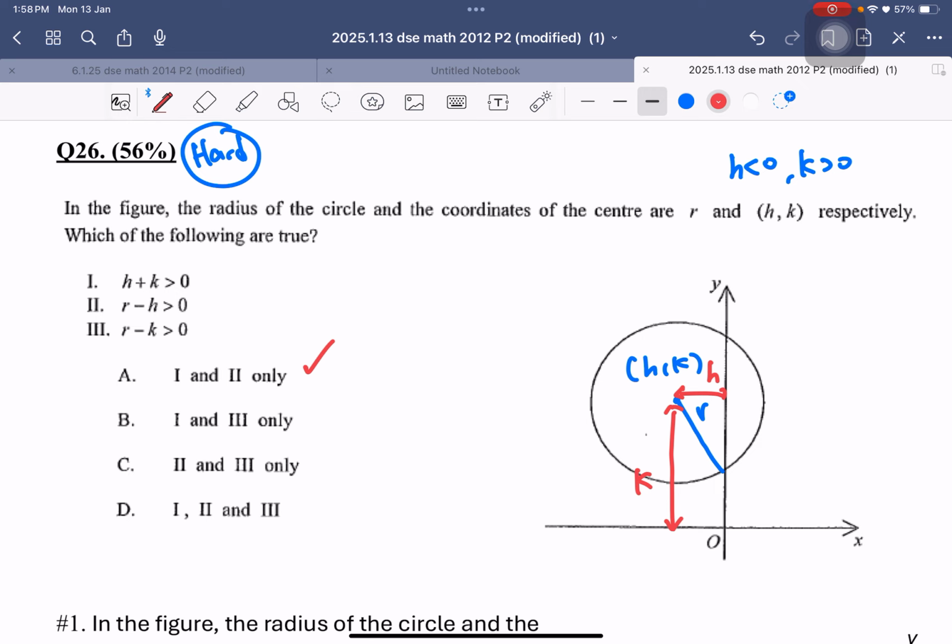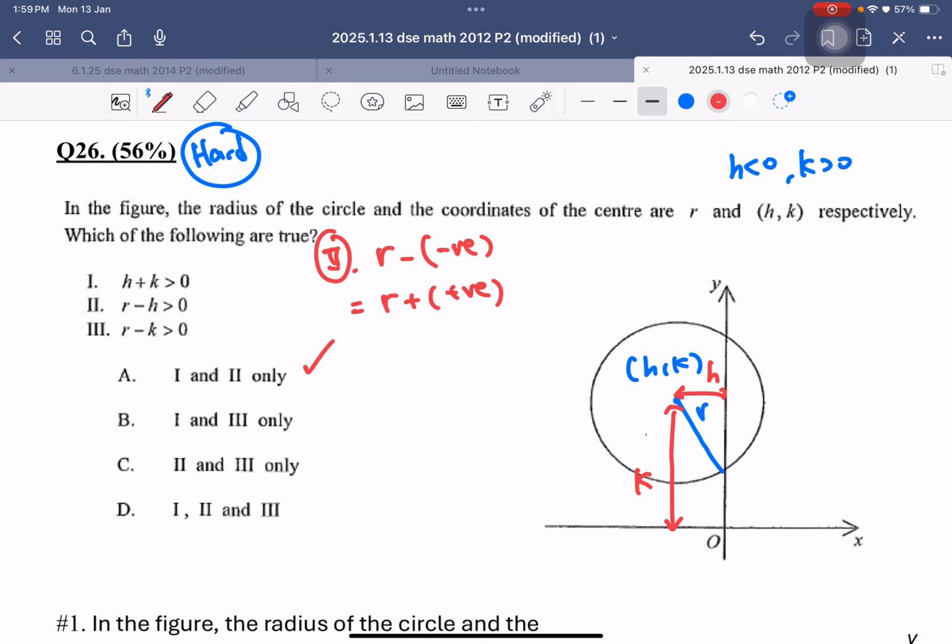Now r minus h. Is h smaller than 0 or greater than 0? Smaller than 0. So r minus a negative number is just equal to r plus a positive number, because h is negative. Is the radius positive or negative?